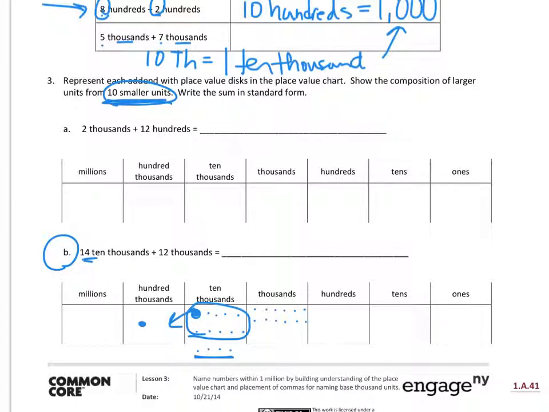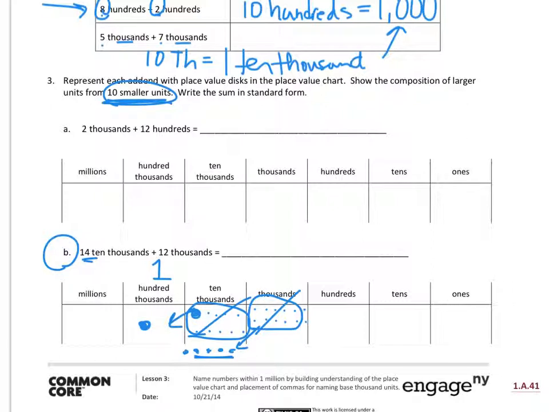I know that I can also exchange 10 of the thousands and move them over here, and that becomes 1 10,000. So now I'm going to make my discs a little bit bigger so that we can count. I've exchanged those. So I have 100,000.